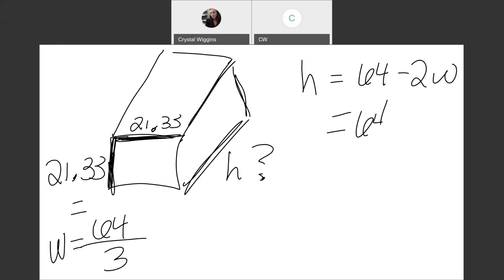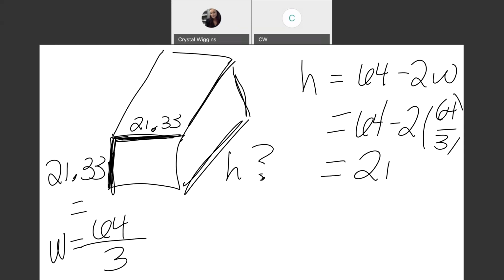So I have 64 minus 2 times 64 over 3. Okay, now let's solve this out. So let's just put this in our calculators. So we have 64 minus 2 times 64 divided by 3. And we get 21.33. So that is also 64 over 3.